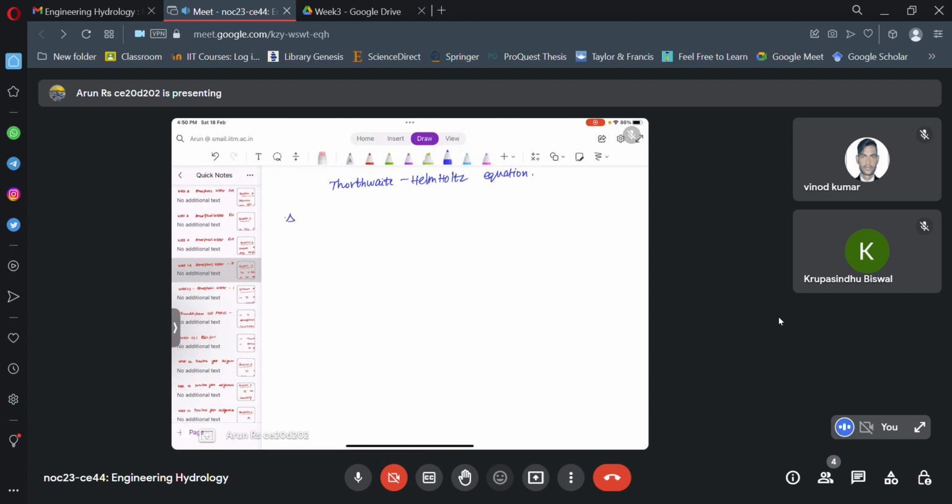Here delta is the vapor pressure gradient. This was taught in the precipitation module. And gamma is a psychrometric constant. So gamma has an expression, but in this question gamma is directly given. So gamma is equal to 67.38 pascals per degree centigrade.